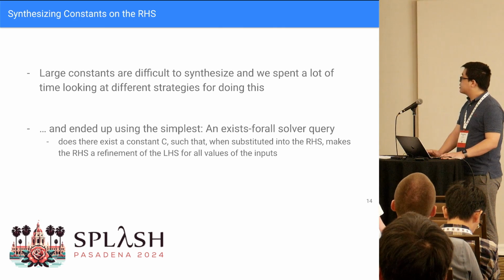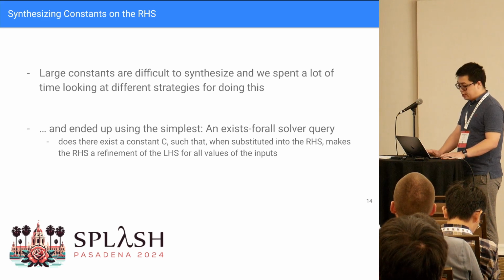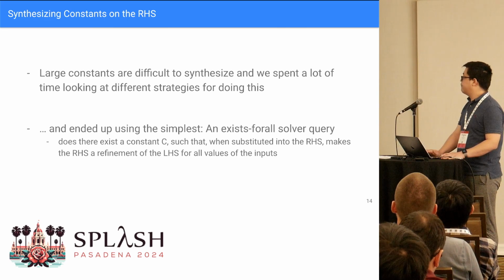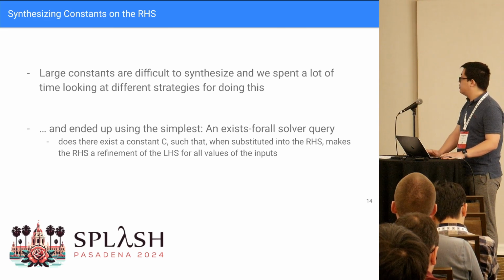Basically, we're issuing a query like, does there exist a constant C such that when substituted into the right-hand side, it makes the right-hand side a refinement of the left-hand side for all the values of the input?